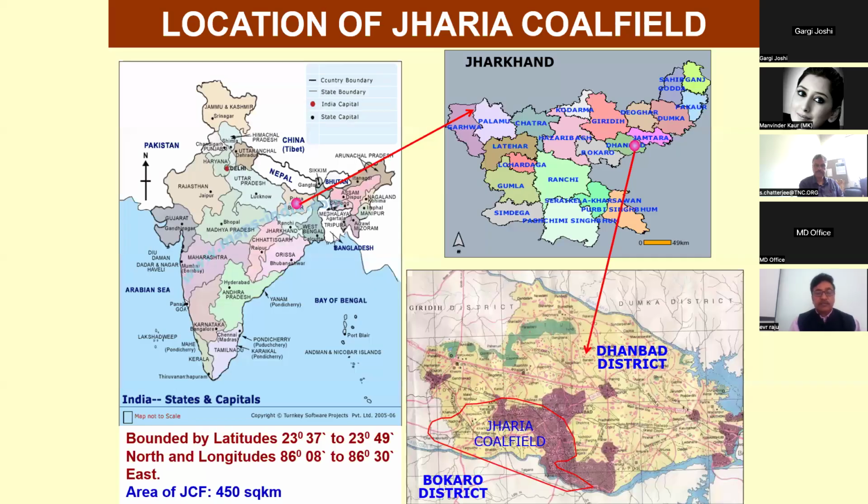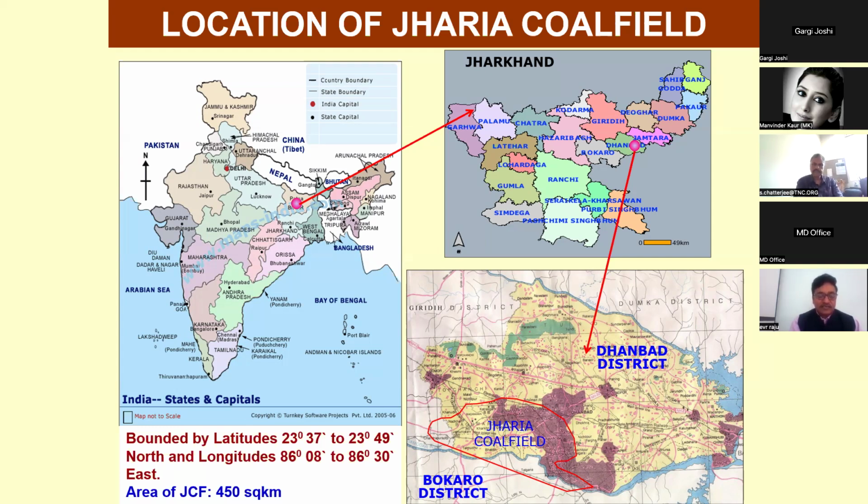The topic given to me is very specific: the Jharia Coalfield. This is the location of the Jharia Coalfields. It is in the Jharkhand state of India, spread over two districts, the Bokaro district and the Dhanbad district, and it is bounded by the latitudes and longitudes given here. For reference, you can go into Google Maps and find out the amount of degradation.